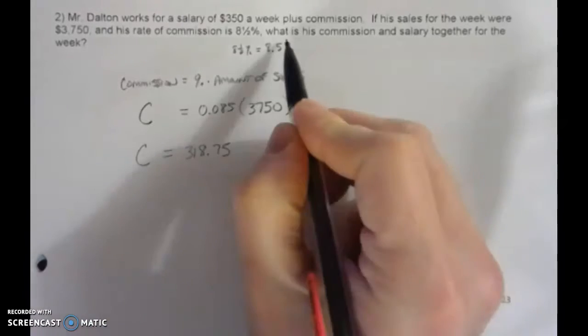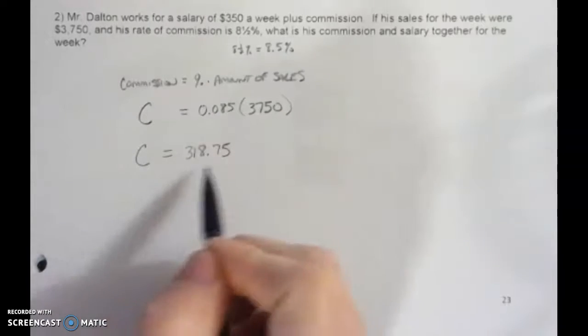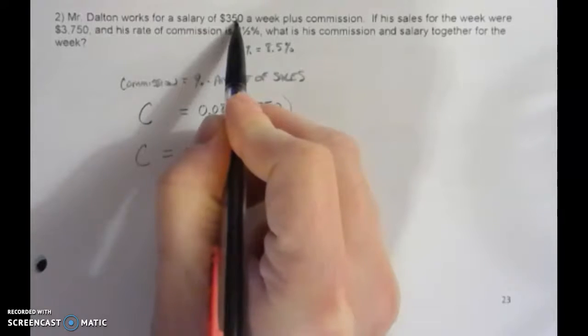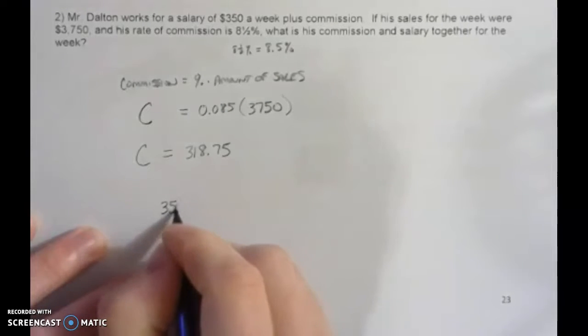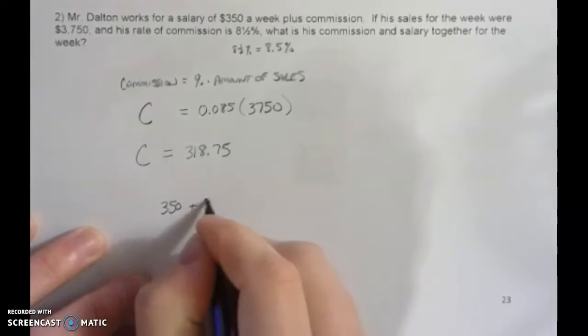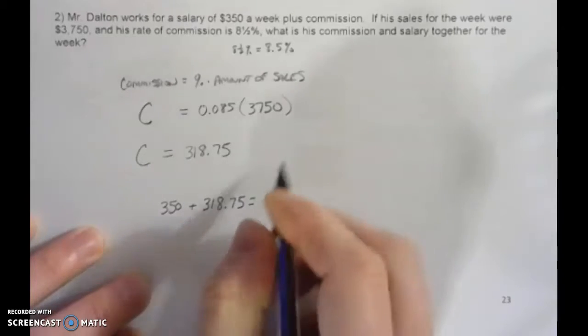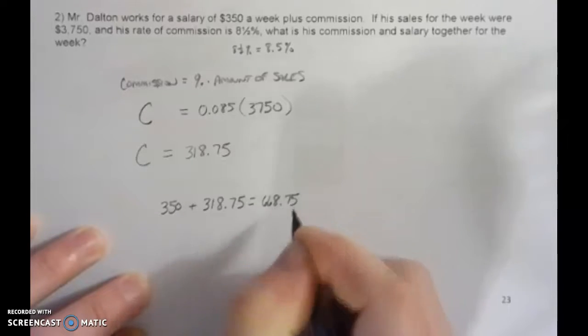So the question says, what is his commission and salary together? So there's the commission, and his salary is $350. So what we're going to have to do is add them. So we're going to take the salary, $350, plus the commission of $318.75 is going to give us 668 75 hundredths.